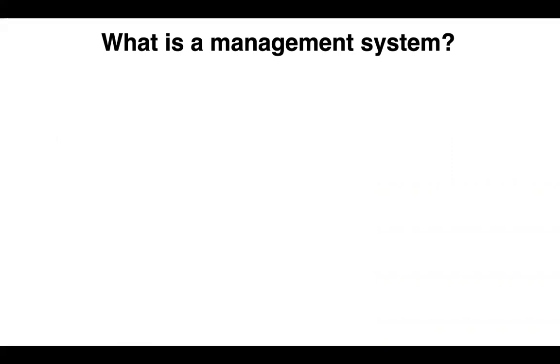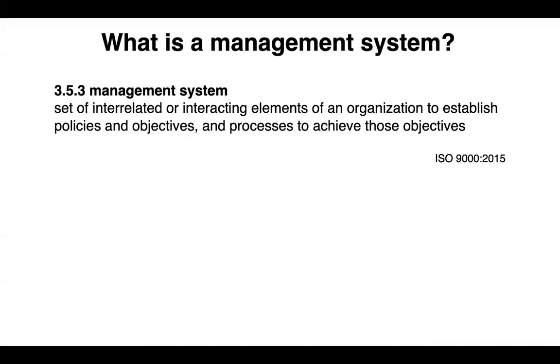Let us use the ISO 9000:2015 definition of management system: a set of interrelated or interacting elements of an organization to establish policies and objectives and processes to achieve those objectives. For me, this is a very powerful definition.